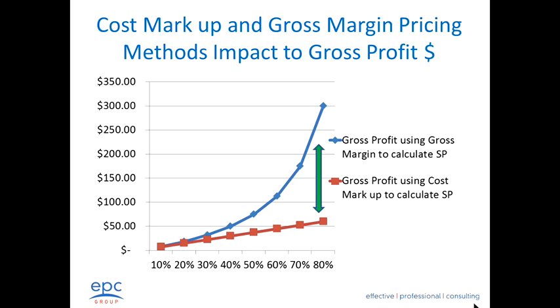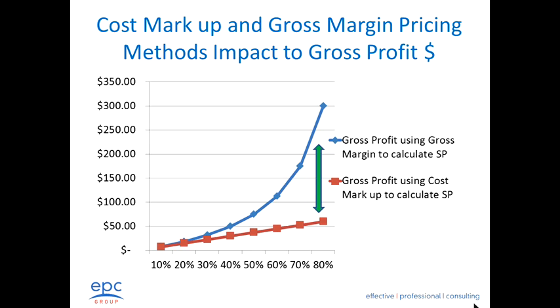This is why you want to know which methodology you're using. Because when you start increasing gross margins, and you say, listen, I want an 80% gross profit, that blue line is the one that represents the gross profit using the gross margin to calculate the selling price. That gross profit is $300 at the gross margin of 80%.